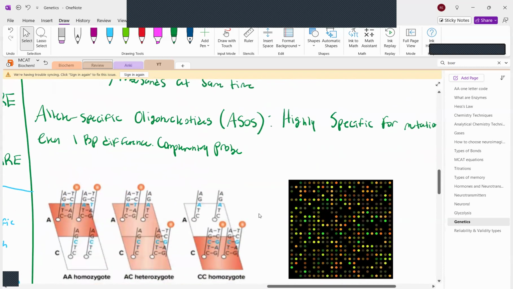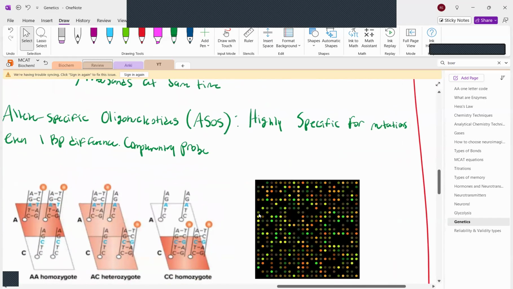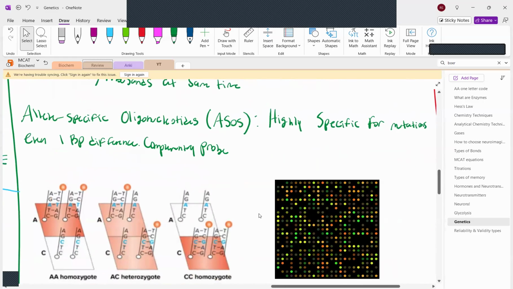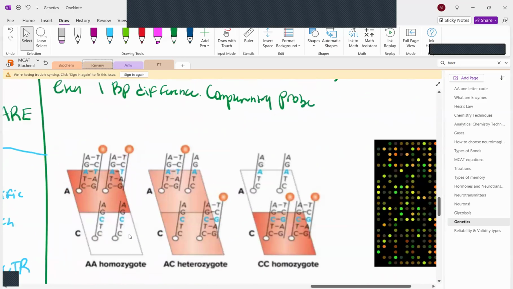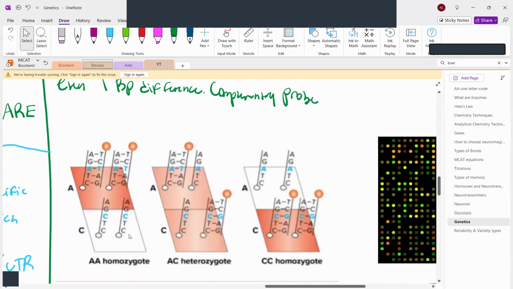Whereas allele-specific oligonucleotides, or ASOs, are highly specific for mutations or variants that are even one base pair different. And you can measure that with fluorescence again. So if you have this area for that gene, and you replace it with the AA homozygote, there's a lot more fluorescence over here, right?